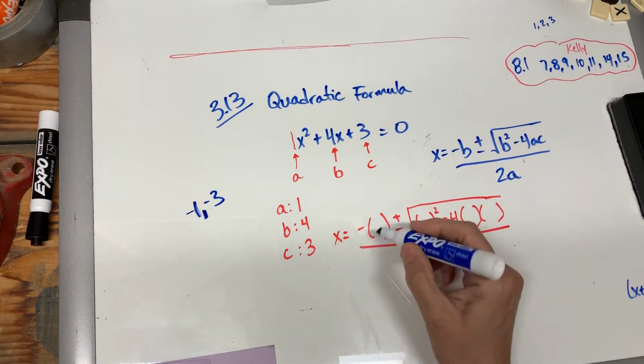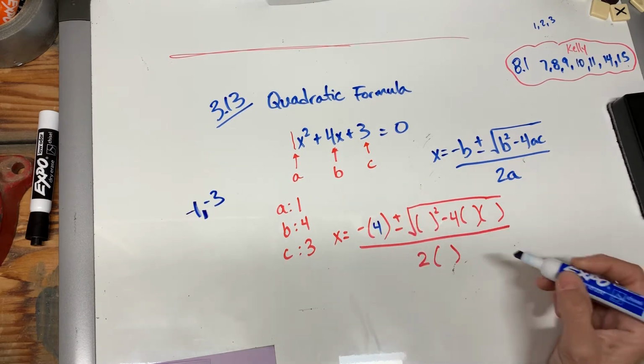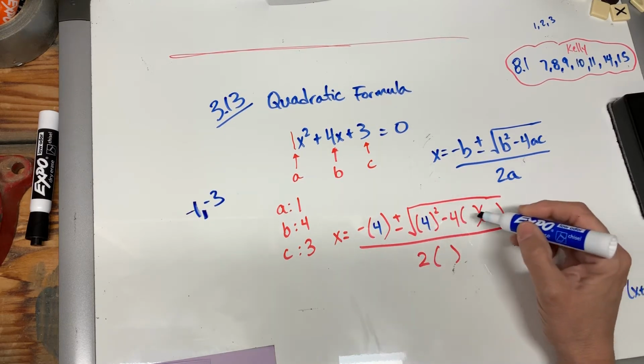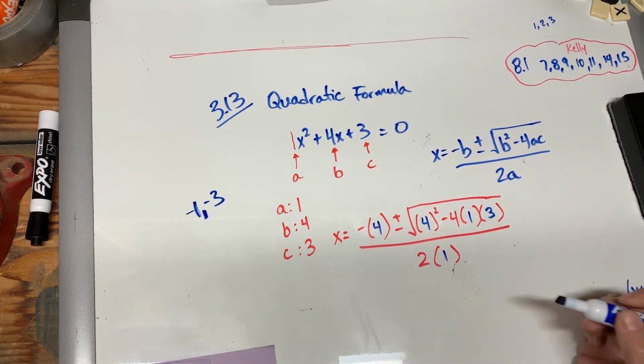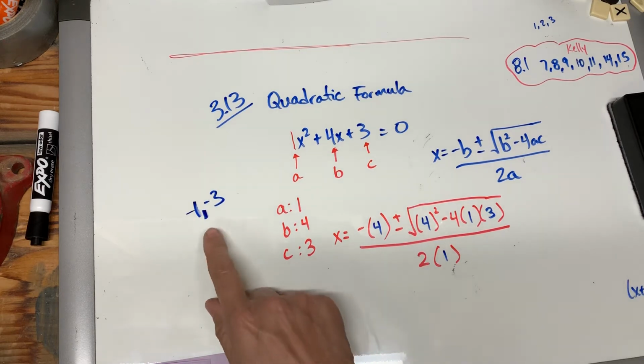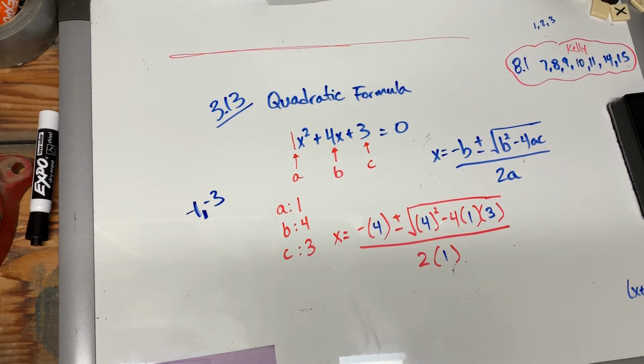This is a b, that'd be a 4. This is a b, so that's a 4. This is an a, 1, c is 3, and a is 1. So this, if we solve that, will give us the same two answers.